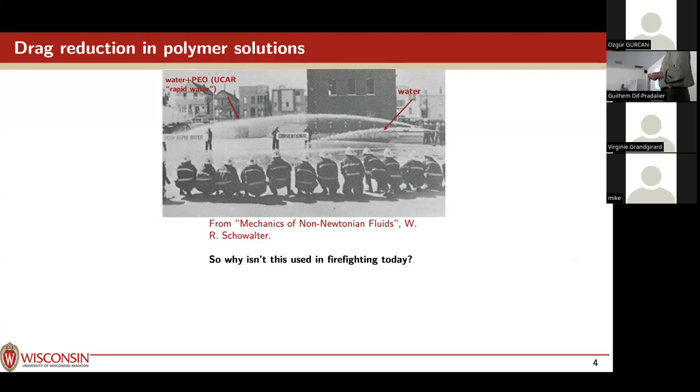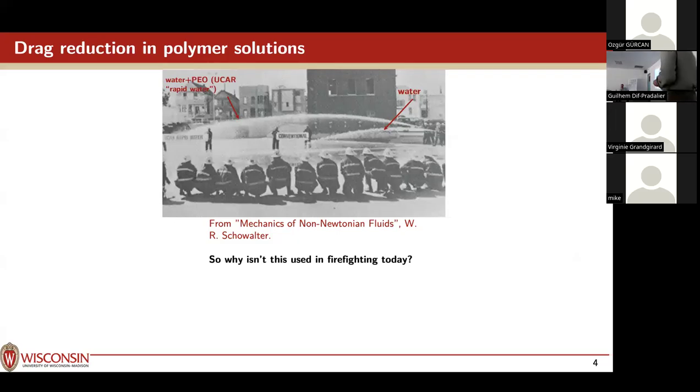And this is a demonstration in the New York Fire Department of pumping water. Here, you can see the stream of water. You can see these are firefighters over here. And the stream of this water plus polyethylene oxide, or Rapid Water, and presumably this is the same pressure drop, and so you're getting substantially larger flows here.